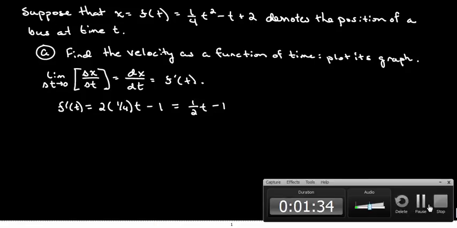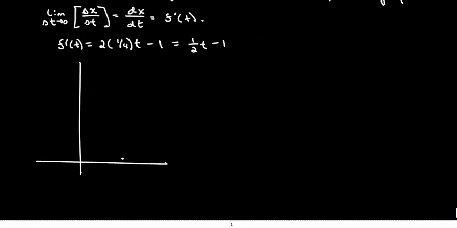I'm going to go grab a straight edge. For this particular problem, we're probably not so concerned with t values over here that are negative. So if we let this be the t-axis, the time axis, and we let this be the position of the bus versus time, I'm going to extend this line down a little bit because we're going to get some negative values out here.